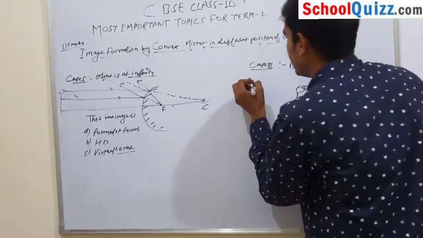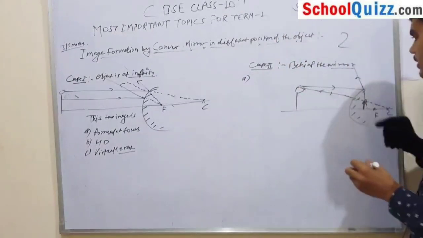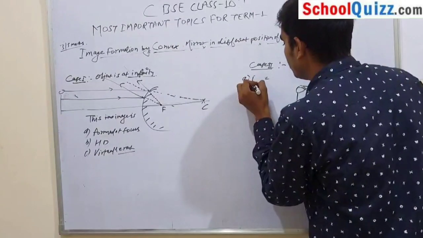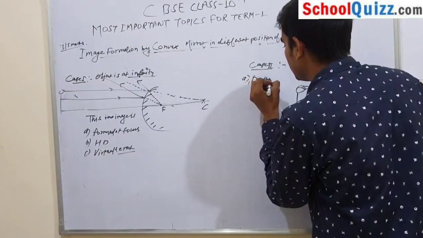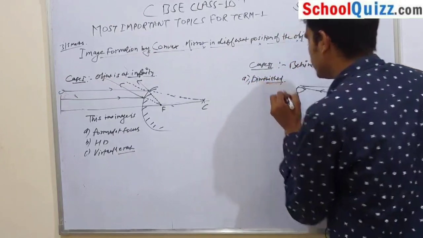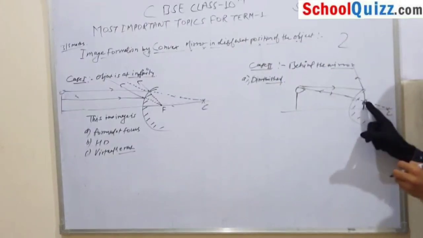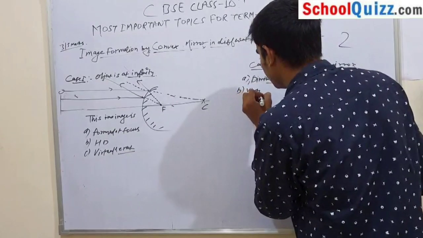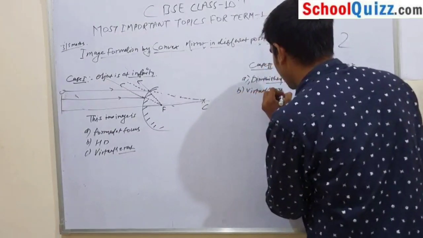And what is the nature of the image? First, it is smaller, diminished. Why diminished? Because according to this figure the image is small, so it is considered diminished. Second, virtual and erect.